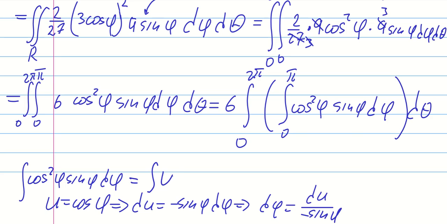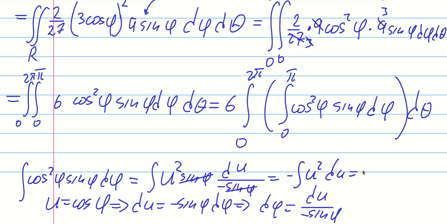So it's an integral of u squared sine of phi du over negative sine of phi. So sine and sine goes away. We have negative integral of u squared du, which is negative u cubed over 3.